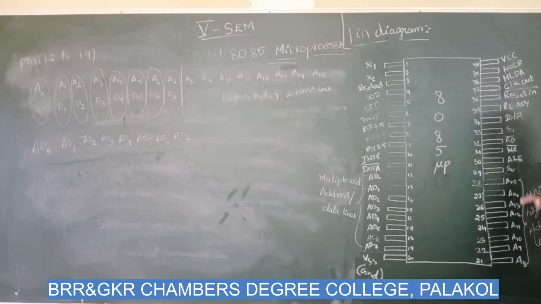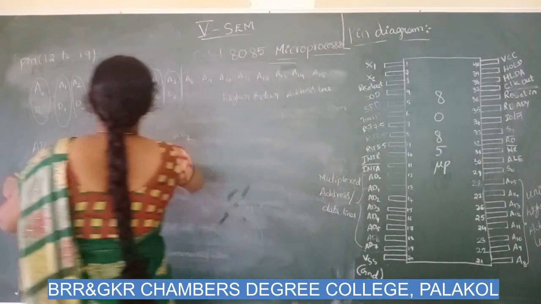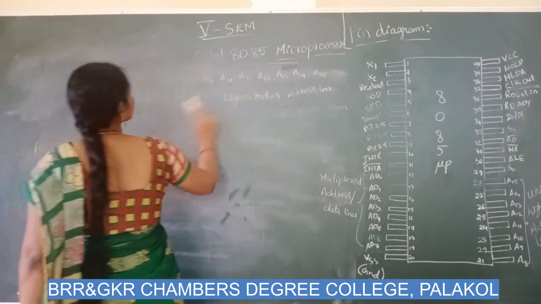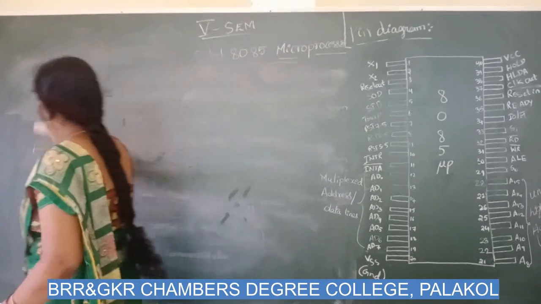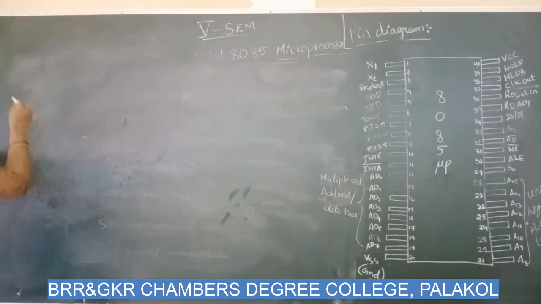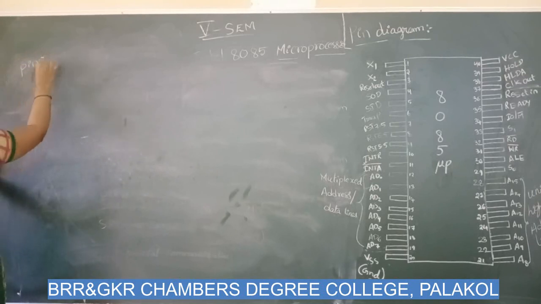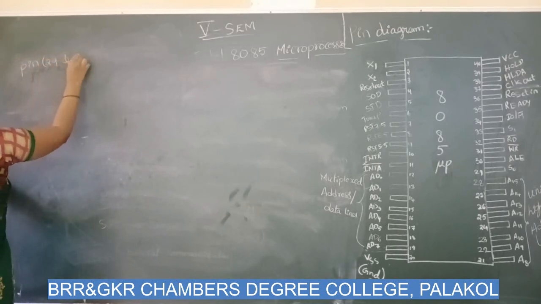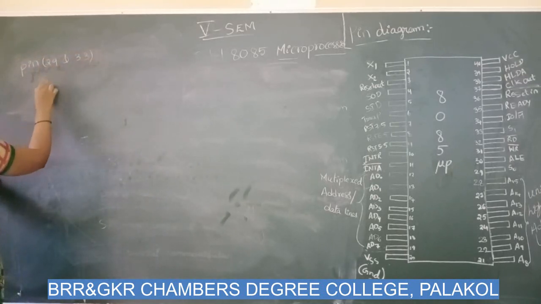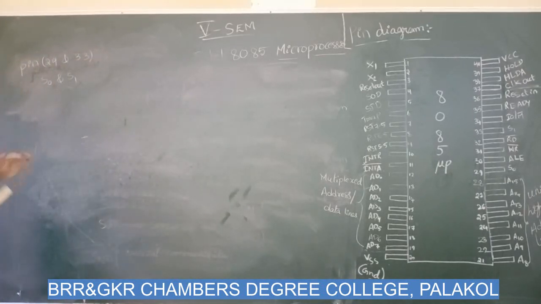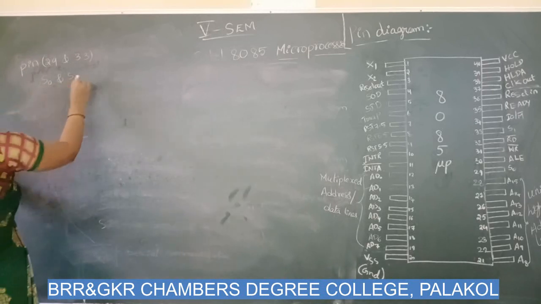Okay, so next after that, pin number 29 and 33, those are S0 and S1. These two pins are the status signals.